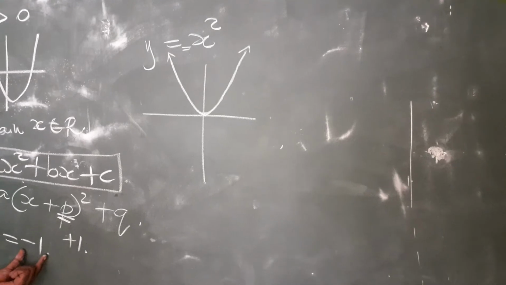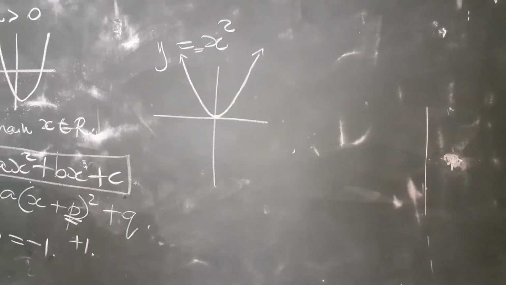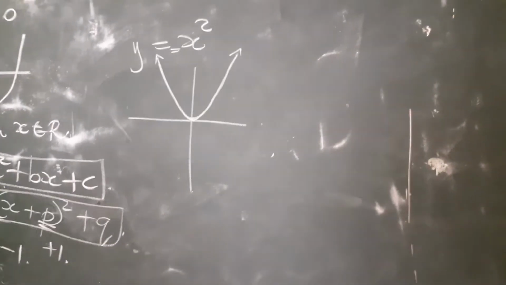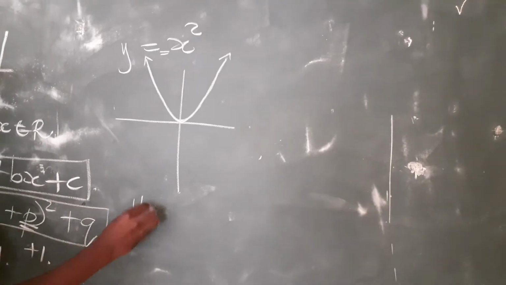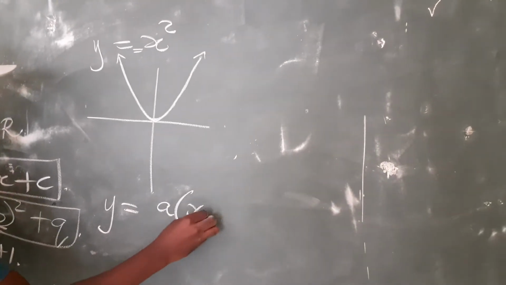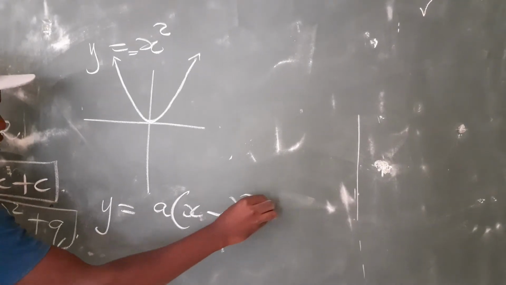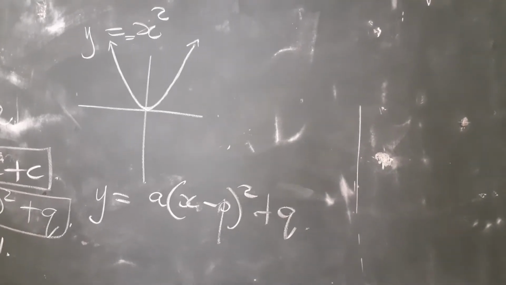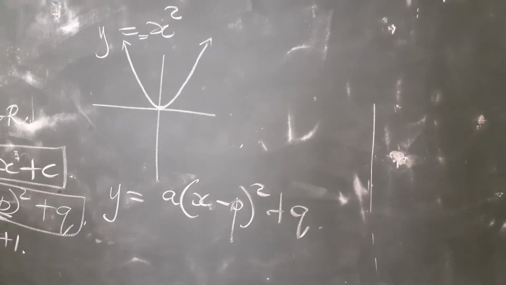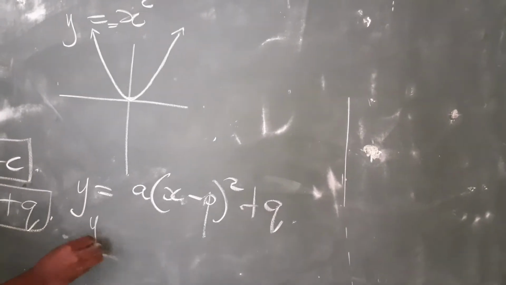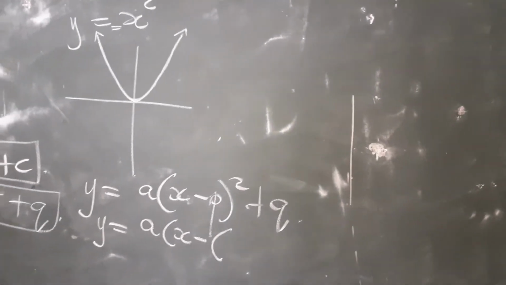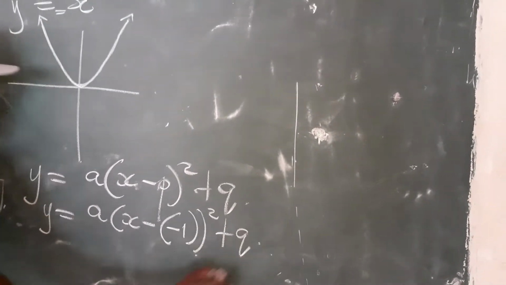Please, you must never forget, the original graph comes from y equals a into x minus p squared plus q. If they are telling you that p is negative 1, please substitute negative 1 where you see p. Therefore, your graph will be y equals a into x minus negative 1 all squared plus q.